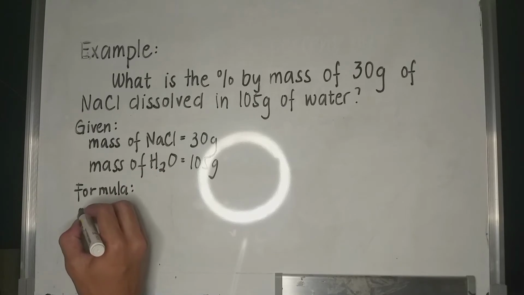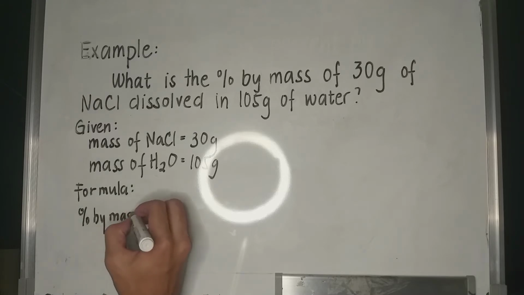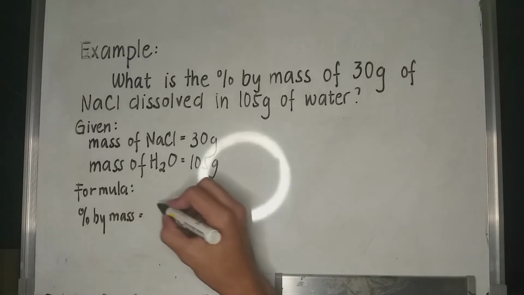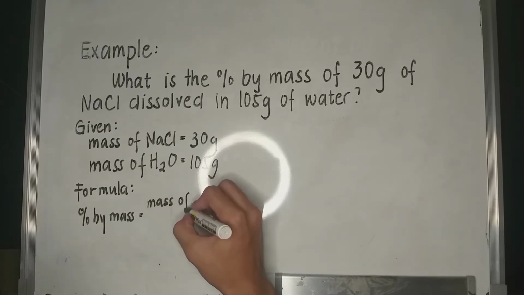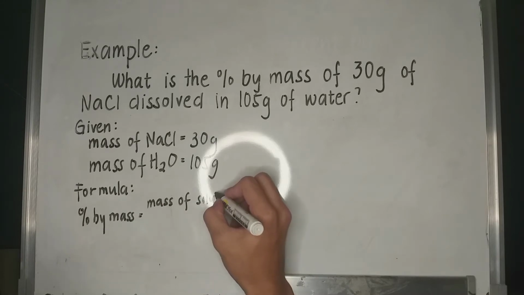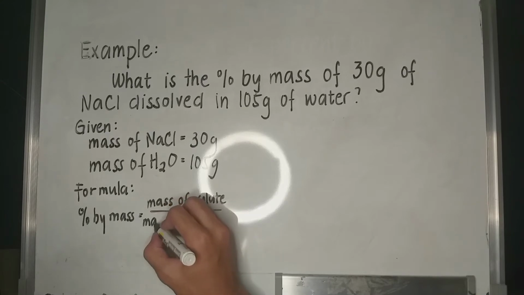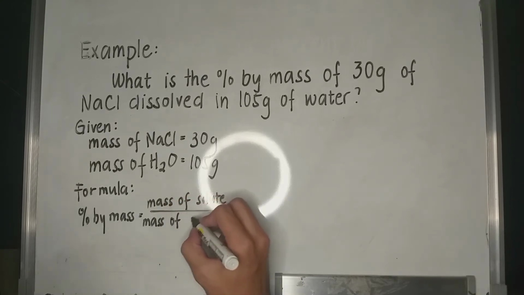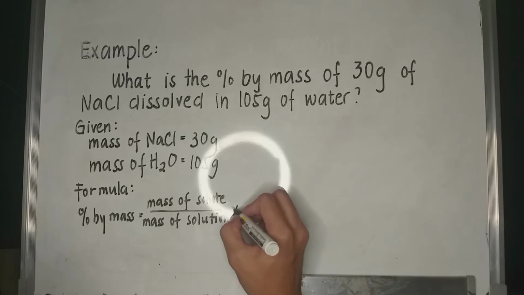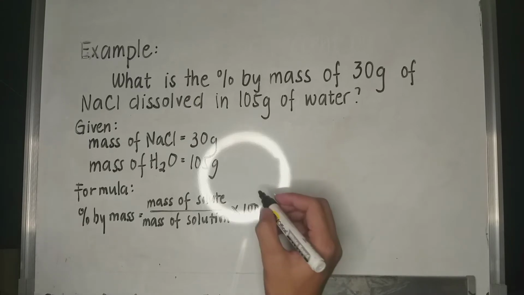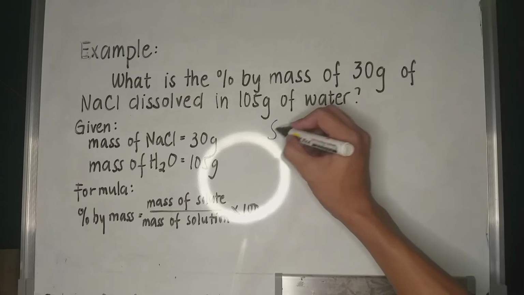The formula is percent by mass equals mass of solute over mass of solution multiplied by 100.